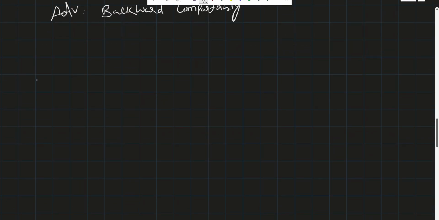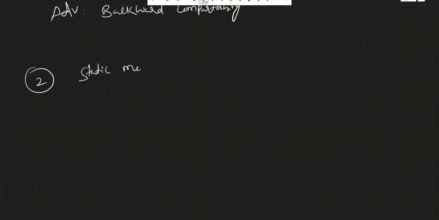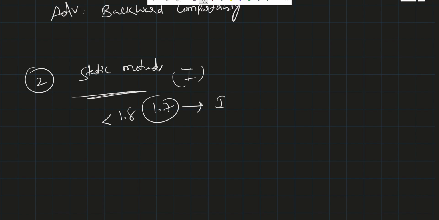And the second feature is static methods. Why they introduced static methods in interfaces is, before 1.8, till 1.7, interfaces do not have static methods.